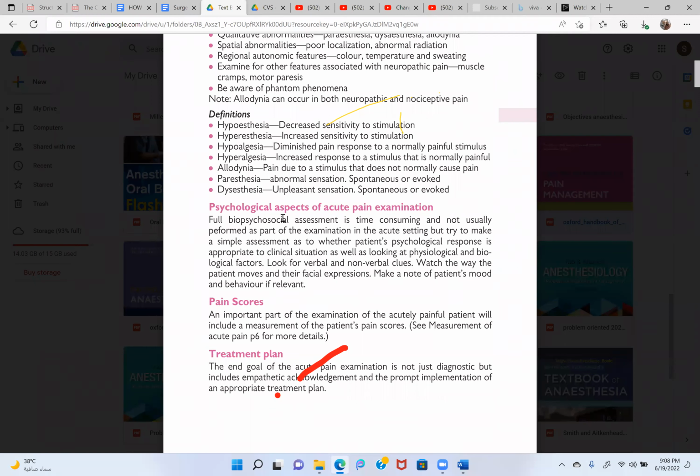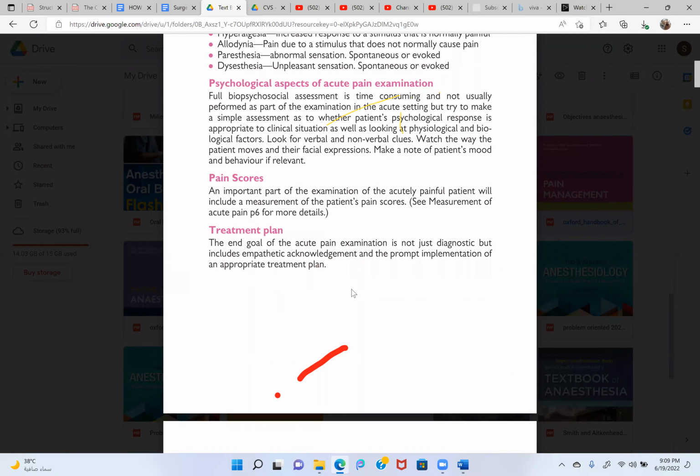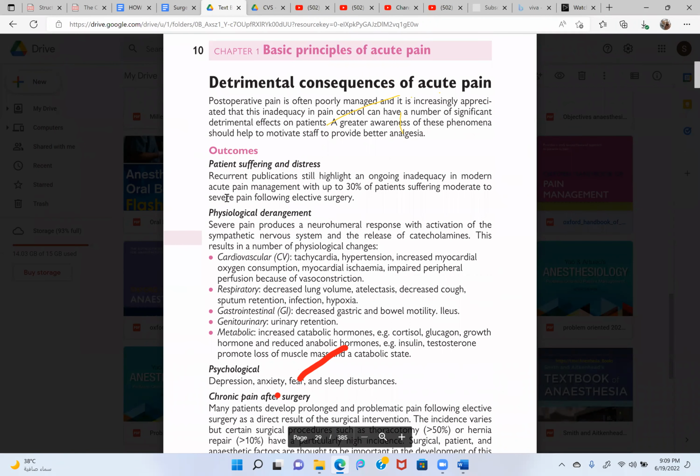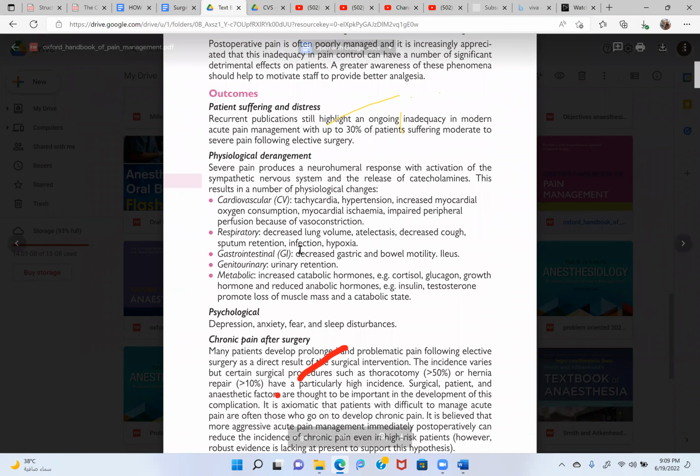Anyways, psychological aspects of acute pain at examination. There is an effect on psychological state. There will be problems with sleep. So there are so many problems which will be associated with pain. Cardiovascular system problems, respiratory problems, GIT, genitourinary, metabolic, like catabolism, as I told you.